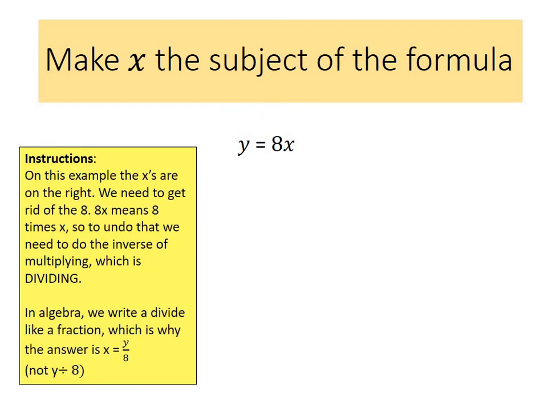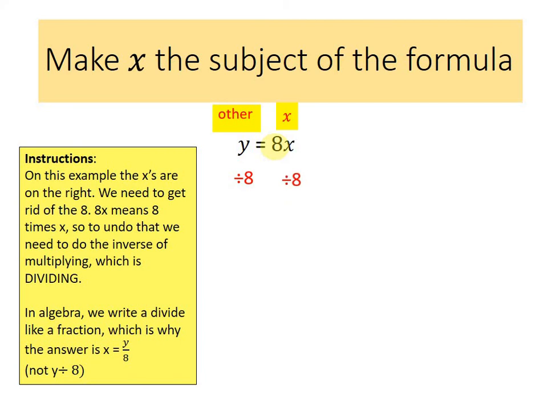In this example, the x is on the right, so I'm going to label that side x, and the other side is the other side. 8x means 8 times x, so to undo that, I need to do the inverse of multiplying, which is dividing. I'm going to divide both sides by 8.